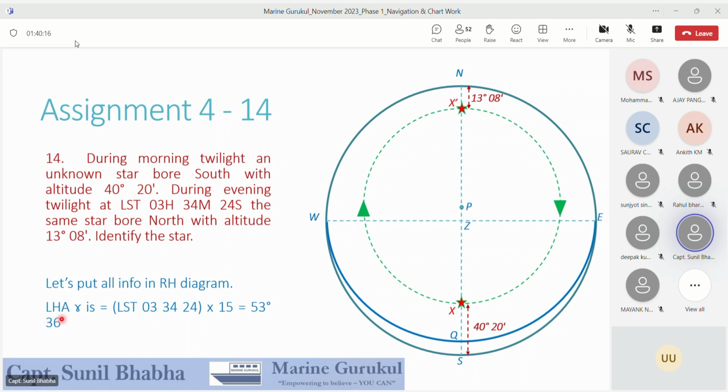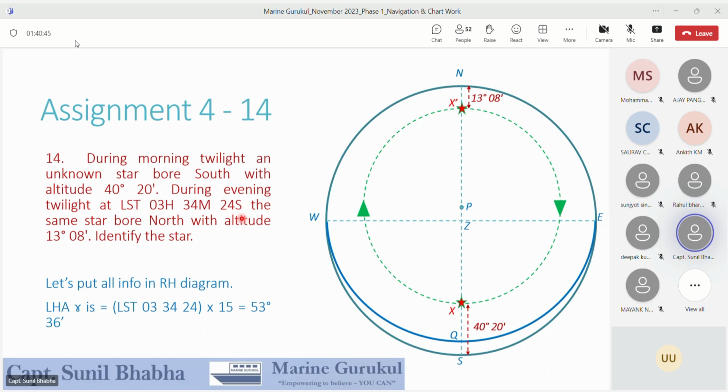Now the LHA Aries is obtained from the value of local sidereal time. As I told you, local sidereal time is the westerly R angle of Aries measured from the observer's meridian. And this is in the units of time, 3 hours, 34 minutes and 24 seconds.